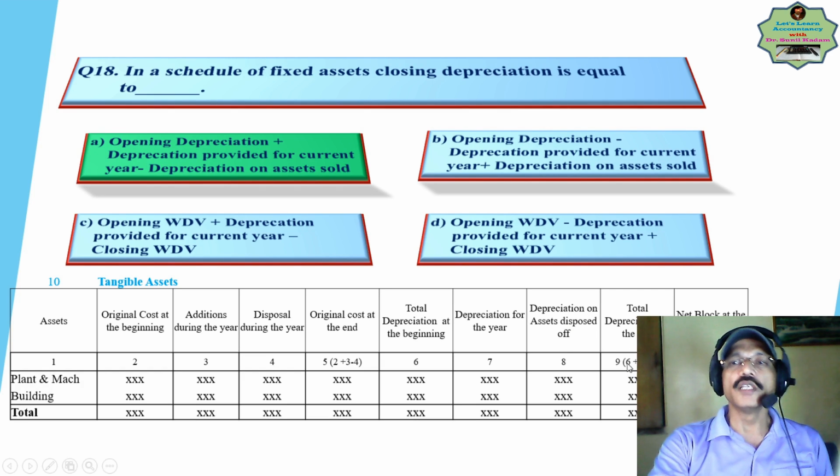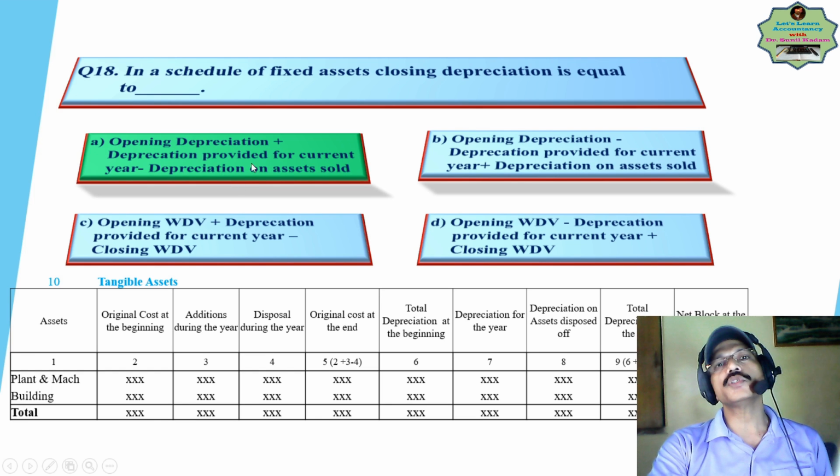That's why it is 6 plus 7 minus 8. Opening balance plus the current year's depreciation minus the depreciation on assets disposed of. So the option opening balance of depreciation plus depreciation for current year minus depreciation on assets sold is correct. All other options are incorrect.